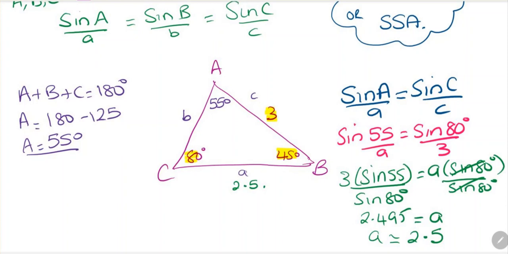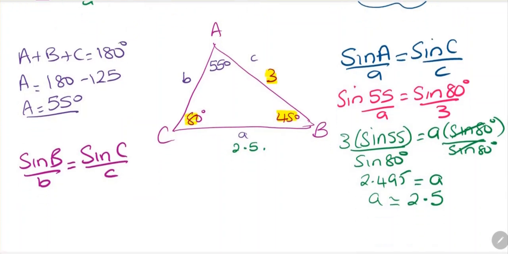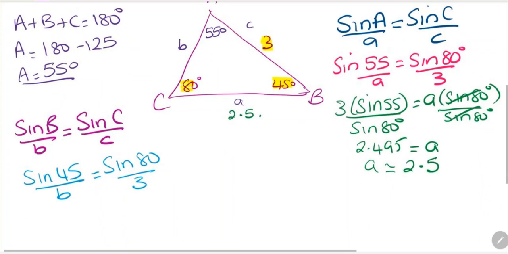So to find length b, we can use the sine of B over b is equal to the sine of C over c, and we can substitute in the values. So the sine of 45 divided by b, and we know the sine of 80 and we know 3.